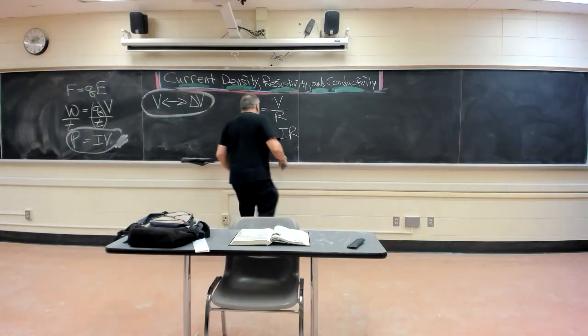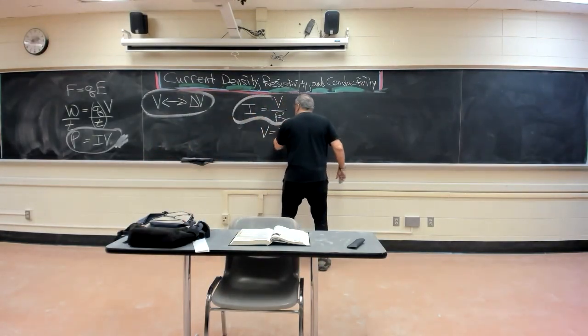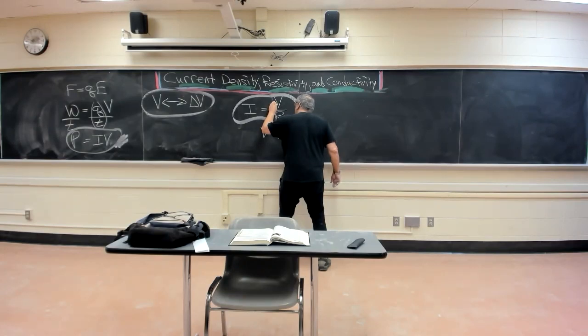If they tell us that indeed a large amount of potential difference and not much resistance, current is directly proportional to potential difference and inversely proportional to resistance.